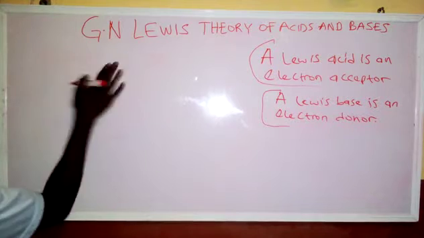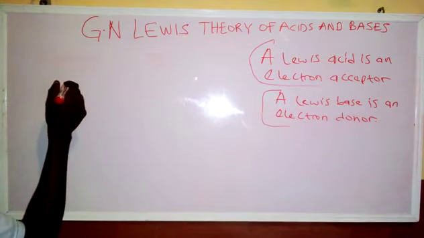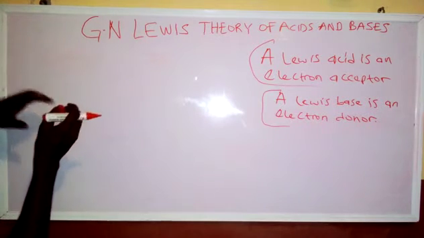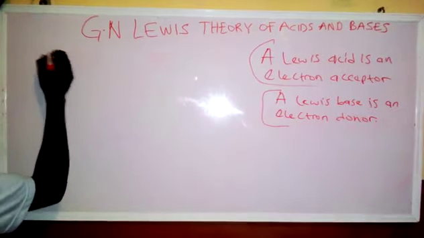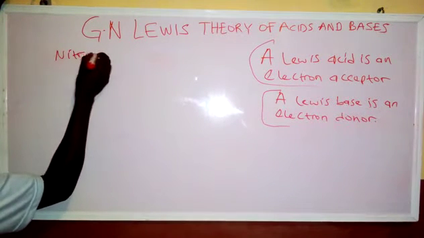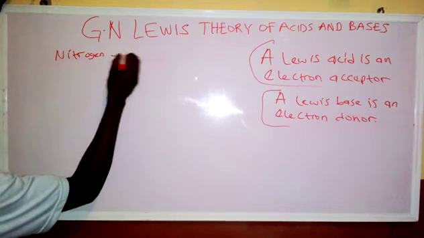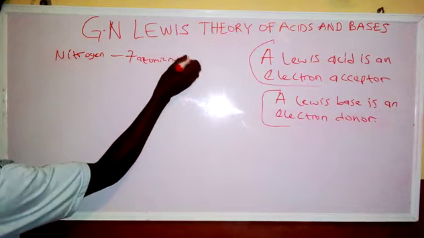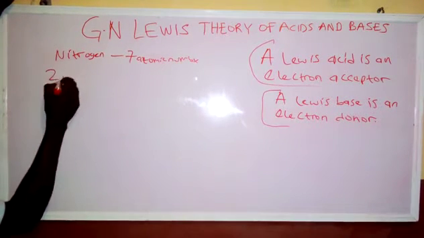For example, let me quickly show you the electron dot structure of ammonia. Now look at ammonia. For the formation of ammonia, we have nitrogen, which has an atomic number of 7. If you want to break it into shells, that will be 2, 5.